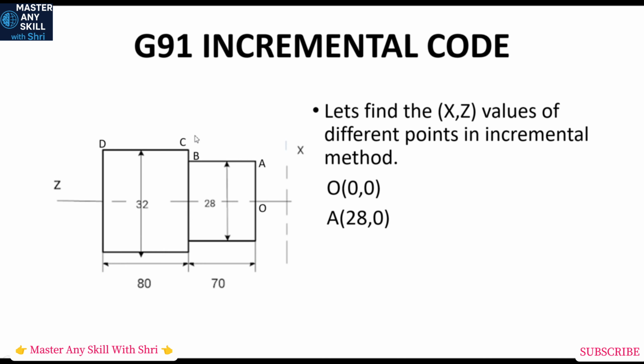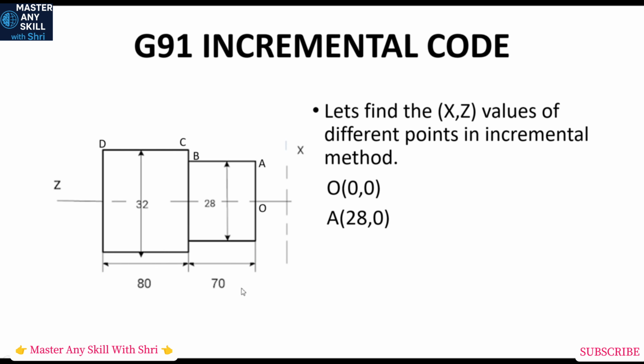Now let's see B. How far did B travel in X from A? B has not traveled any distance in X from A. So X coordinate of B is 0, as B and A are on the same diameter. So in incremental mode, we consider the preceding point, not O. And how much Z distance did B travel from A? It's minus 70.